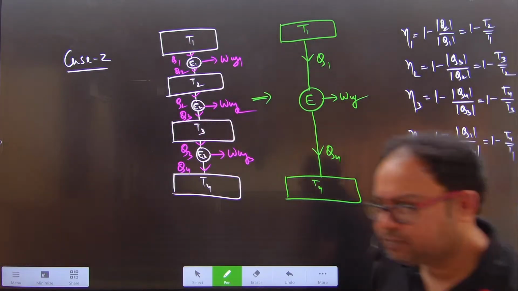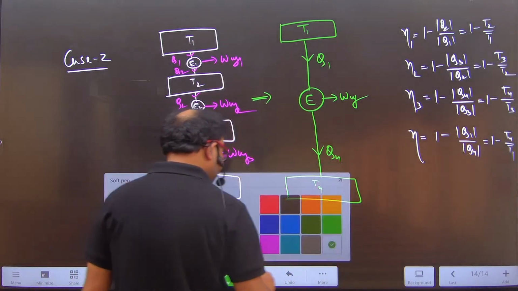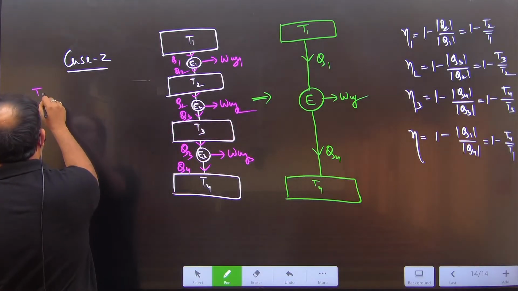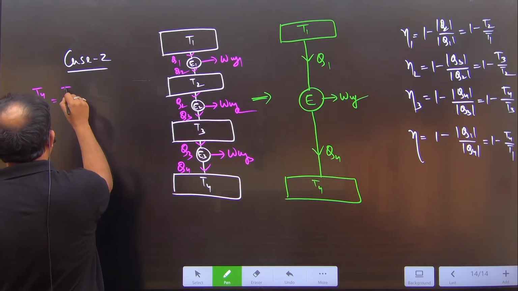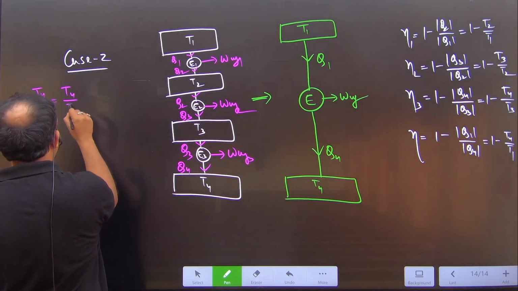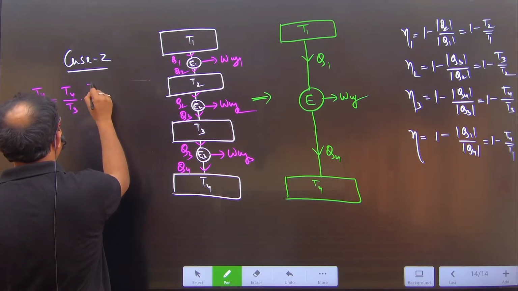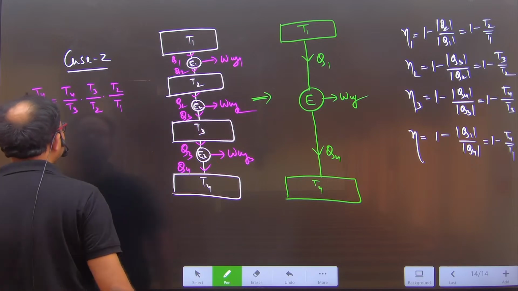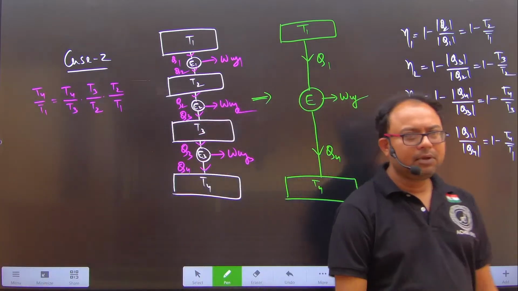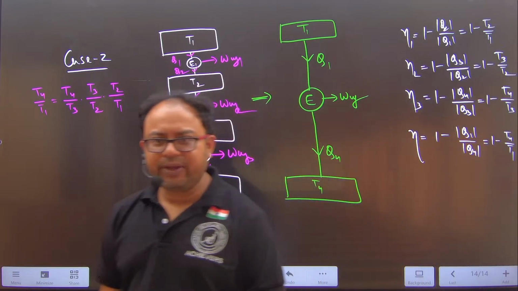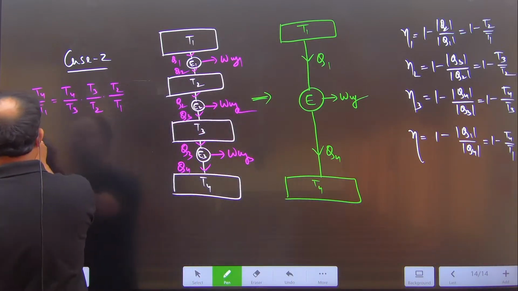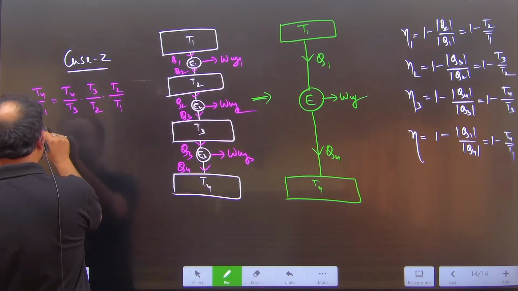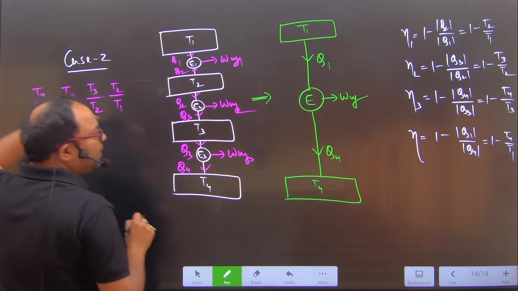Now students, what we can do, we can write T4 by T1 as T4 by T3 multiplied by T3 by T2 multiplied by T2 by T1. We can always algebraically write in this way. Now what is the expression of T4 by T1? It's 1 minus eta. What is the expression of T4 by T3?